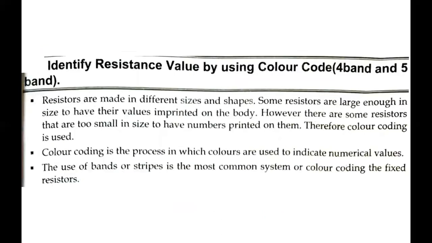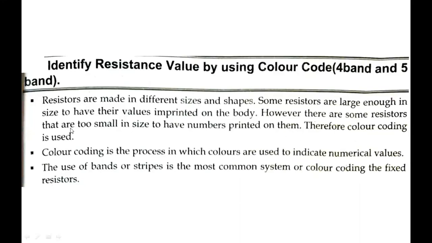Next. So color coding, 4-band color coding and 5-band color coding. Resistors are made in different sizes and shapes. Some resistors are large enough in size to have their values imprinted on the body. However, there are some resistors that are too small in size to have numbers printed on them. Therefore, color coding is used.